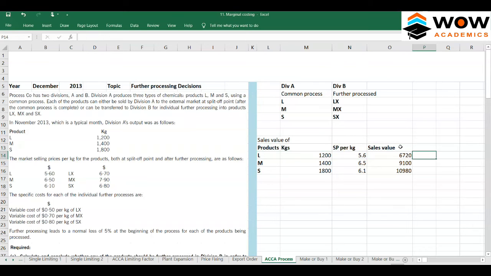Okay, so this is the sales value at split-off point.